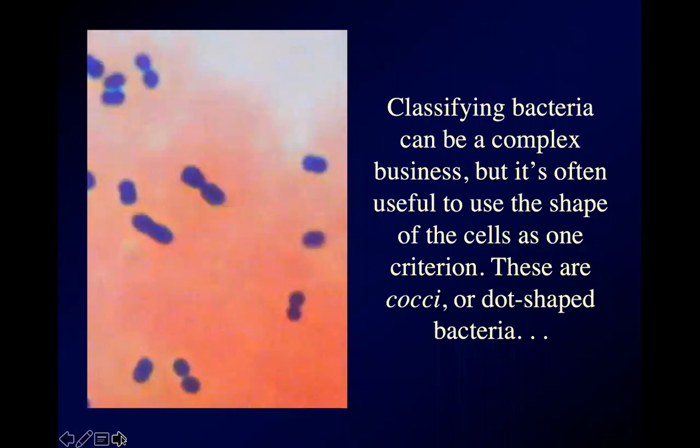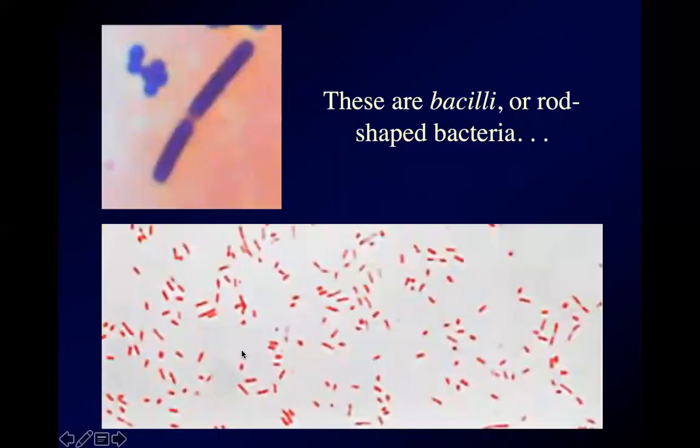How you classify bacteria is a complex business that we don't need to get into too much of, but one of the criteria can be the shapes of the cells. These bacteria are called cocci, and they're shaped like little dots. So you can see they're basically round. Some of them are kind of paired up, but these are cocci, dot-shaped bacteria.